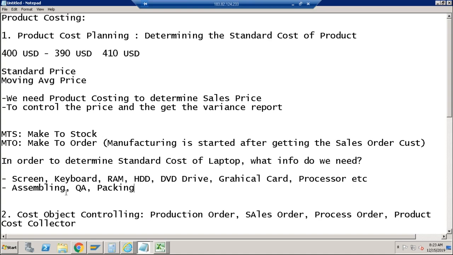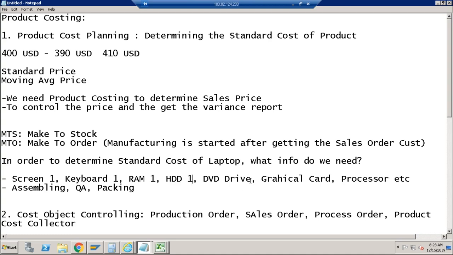Okay, so how many screens do I need? I need one screen. How many keyboards do I need? Again, only one. So this is the list of materials with the quantity, how much quantity is required. So we need all these materials, 1 unit. Okay, some cables. Let's say there will be 5 cables that we need.